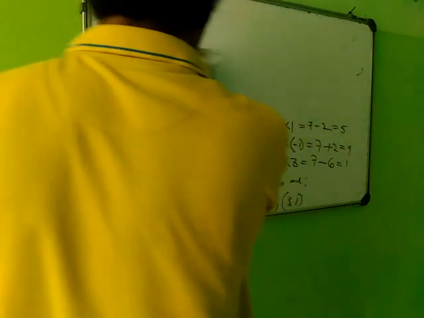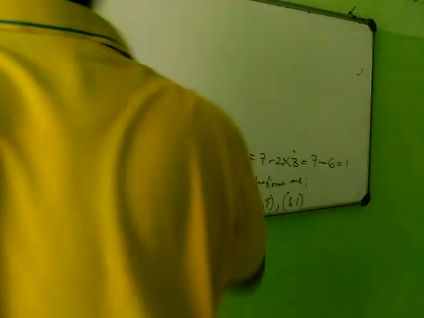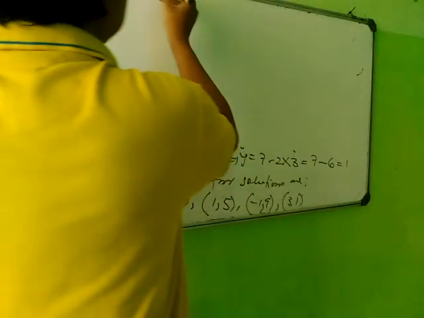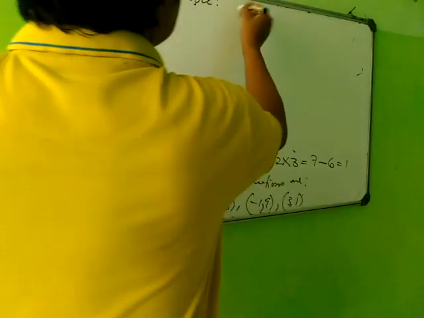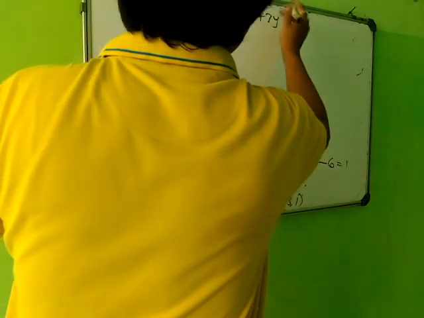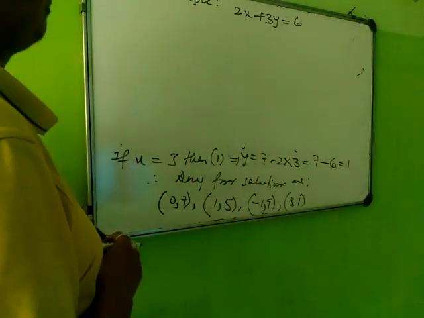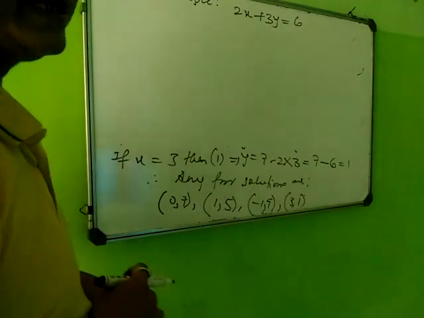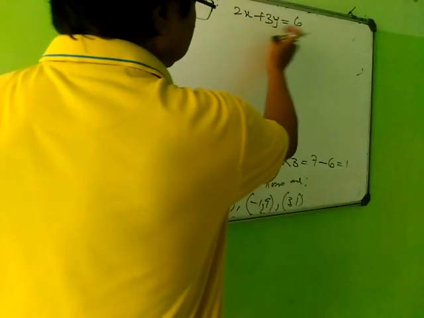Let us take one example. I have given one example of the same question. 12x plus 3y is equal to, say, 6, suppose. You have to find any 4 solutions. So let us find x or y.